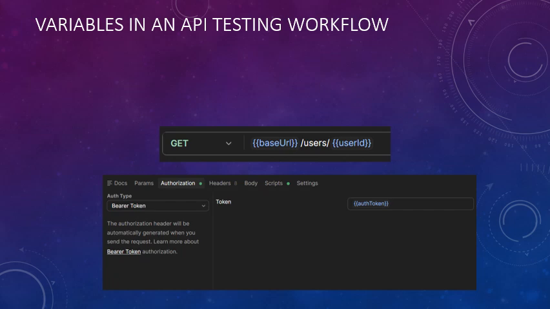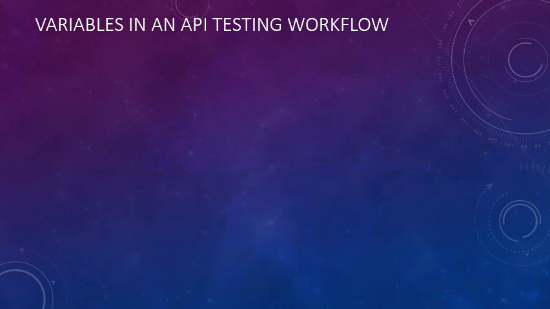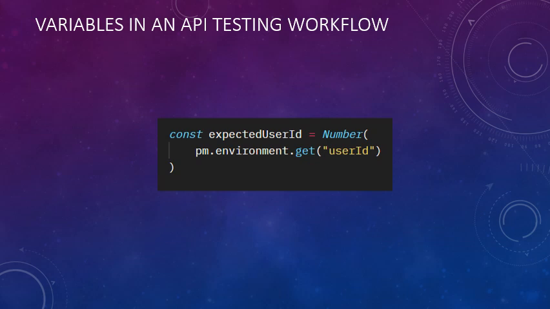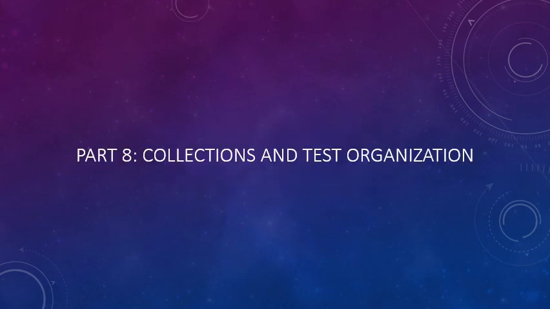And our test scripts can access environment variables programmatically. Now our entire test workflow is parameterized. This means that the same collection can be used with different values. Now we have reusable requests, dynamic variables, and environment-specific configurations.